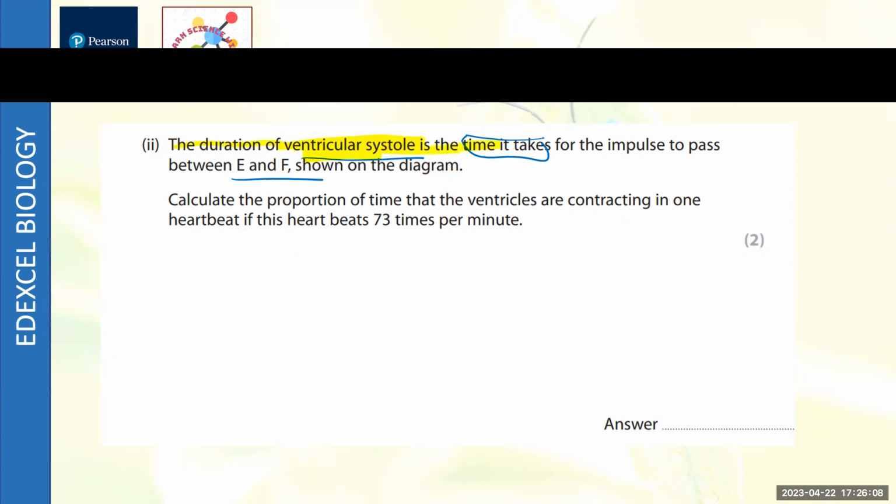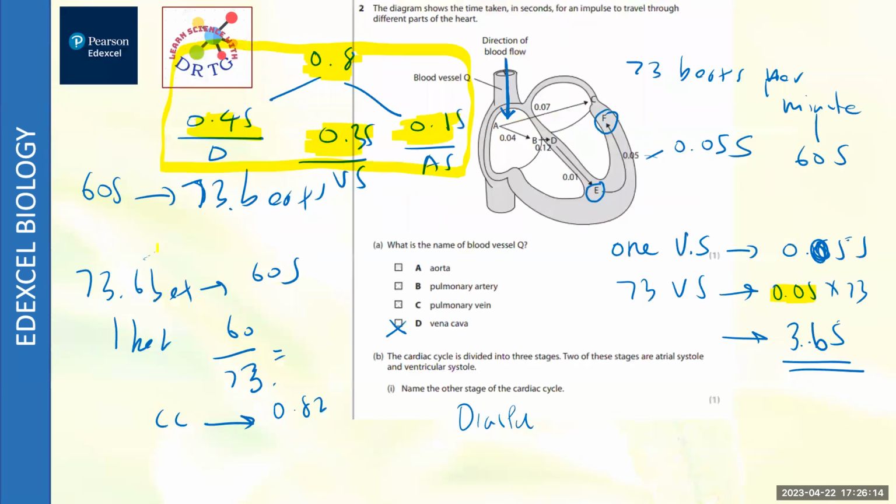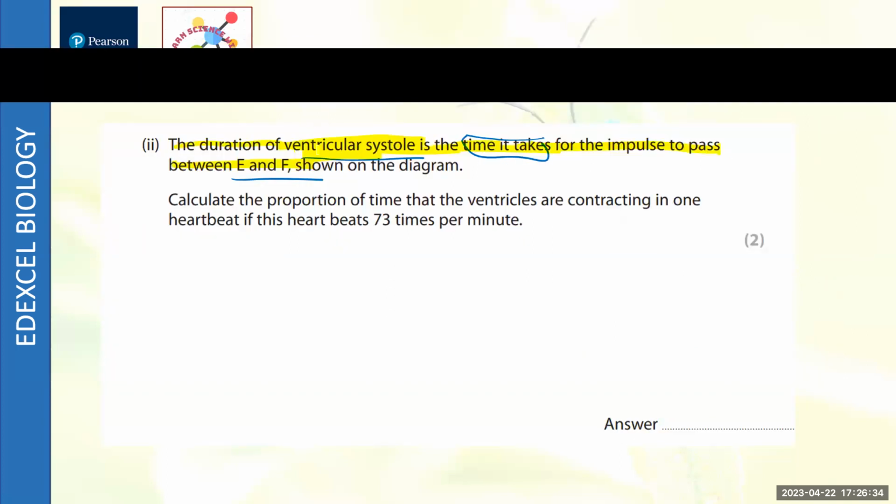The duration of ventricular systole is the time it takes for the impulse to pass between E and F. So E is here, F is here. Calculate the proportion of the time that the ventricles are contracting in one heartbeat if the heart beats 73 times per minute.